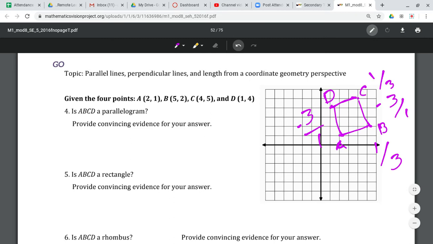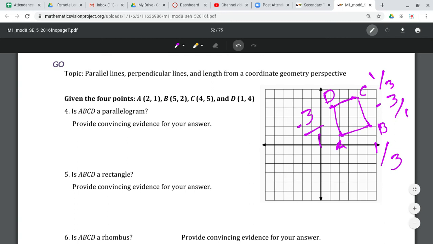So these two slopes are also the same. If these two slopes are the same, that means that they are also parallel. So we've got two pairs of parallel sides in this. So does that mean we have a parallelogram? Yes, it does.